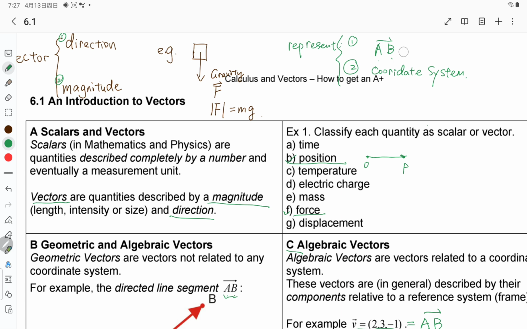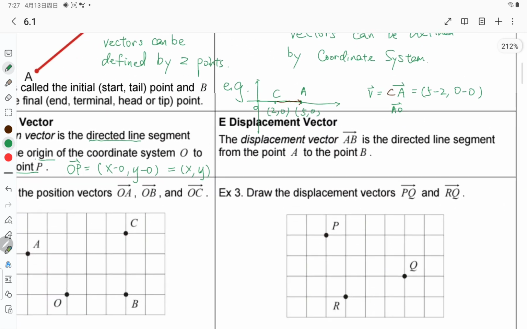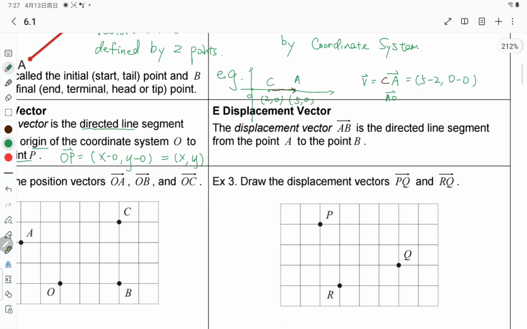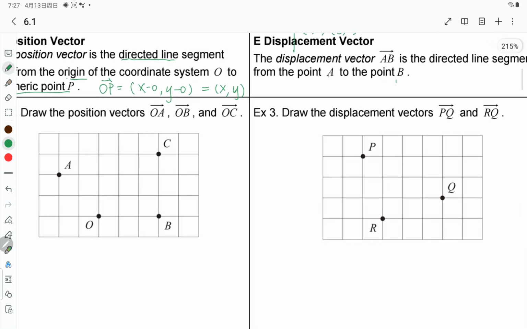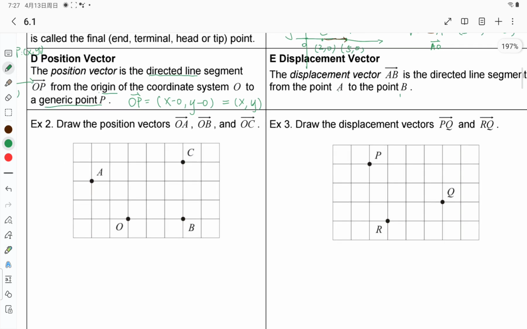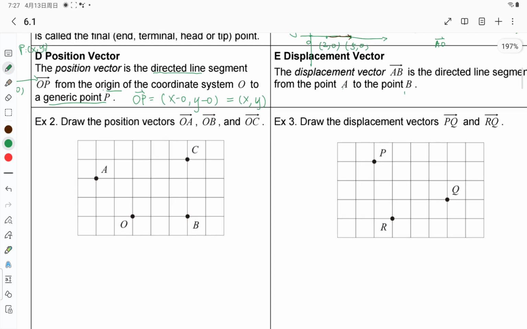And a displacement vector, the directed line segment from point A to point B, is something we talked about before. Essentially the same concept.